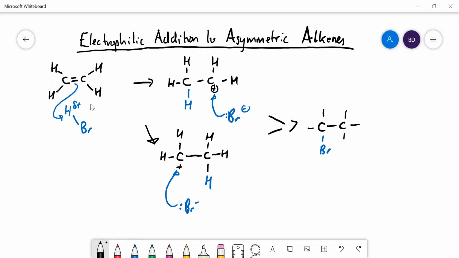Now, let's have a look at the situation where we have an alkene which isn't symmetrical. The simplest one we could choose would be propene.